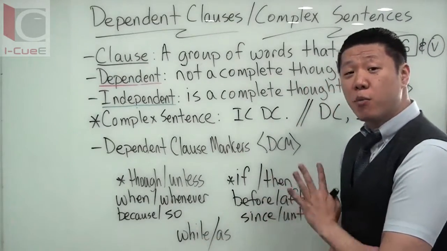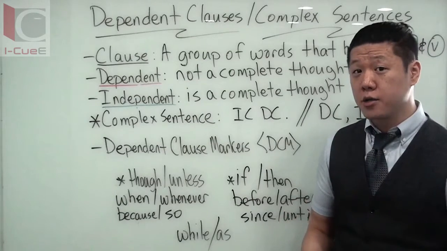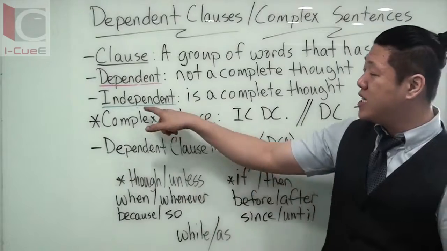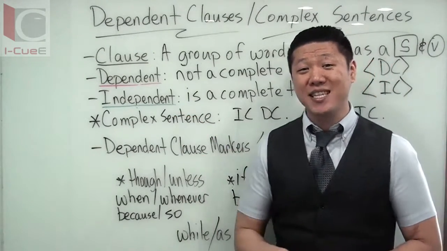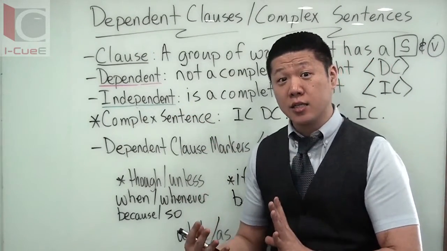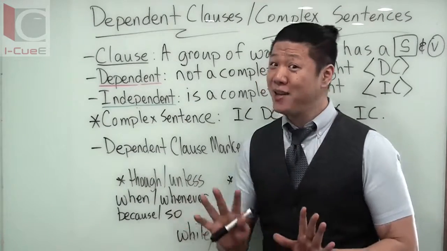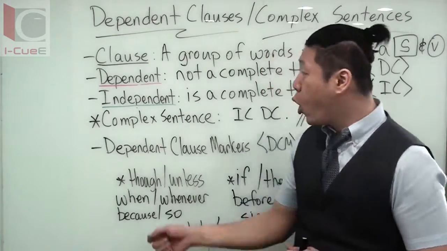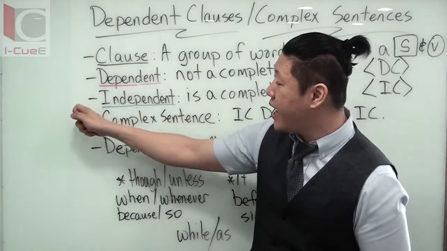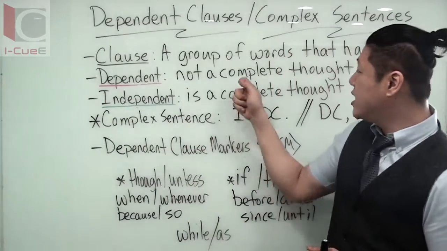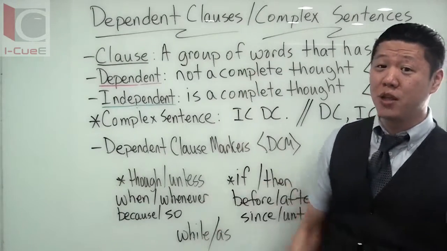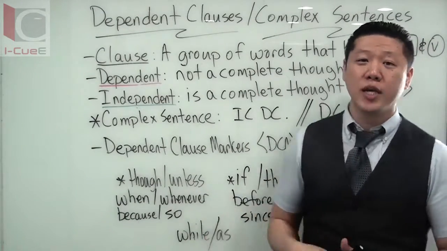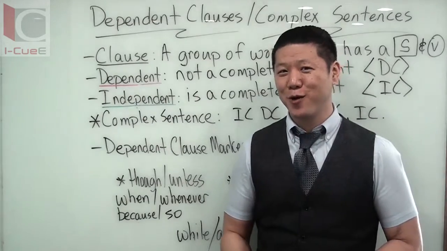But these are your more common dependent clause markers. If you have any of these words before an independent clause, that makes it a dependent clause. Does that make sense? Maybe not, but we'll look at that in our examples and I will show you what I mean. Because the only difference between a dependent and independent clause, whether it is not a complete thought or it is a complete thought, is one of these words. Okay? So we'll get to that in our examples, so stick around.